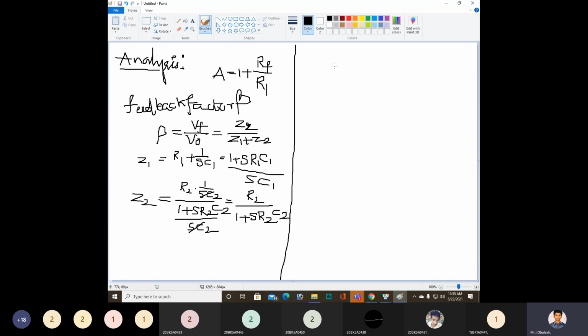Beta is equal to R2 by 1 plus SR2 C2, divided by 1 plus SR1 C1 by SC1, plus R2 by 1 plus SR2 C2.